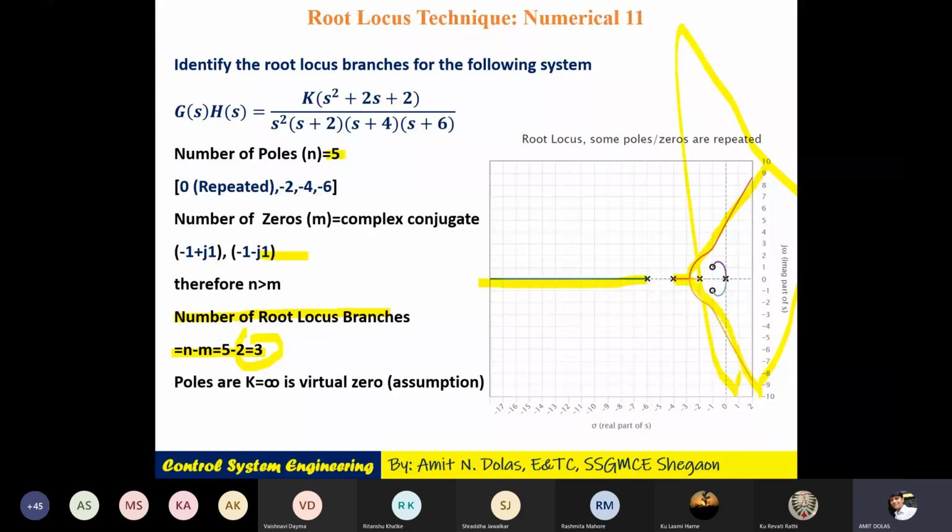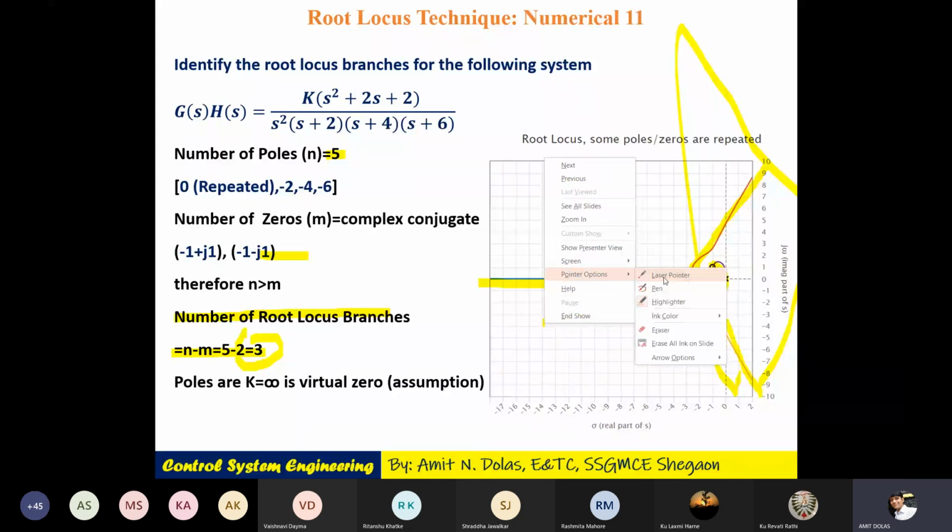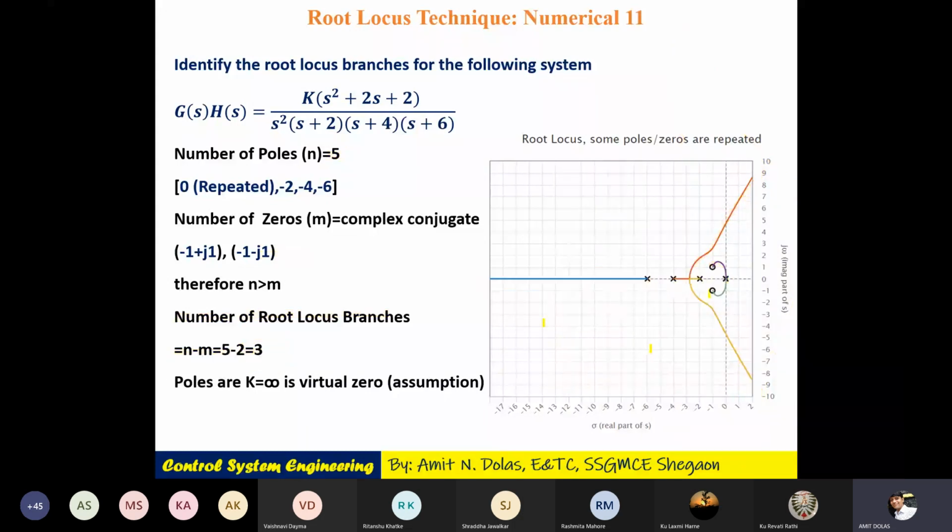So 3 poles are terminating towards infinity, and the remaining 2 repeated poles will terminate at zeros. Here, from the origin to -1 and +1. So all 5 branches are there, out of which 2 will terminate at zeros. You can see in this region, this repeated pole terminates at the zero, but the remaining 3 are terminating towards infinity with different angles. Here the angles are not calculated.